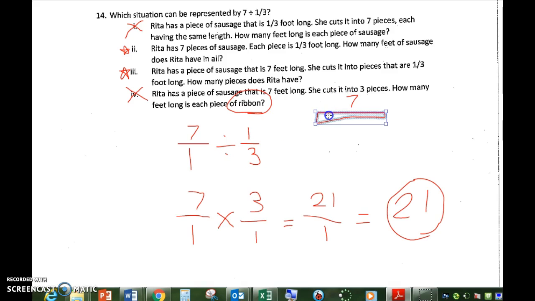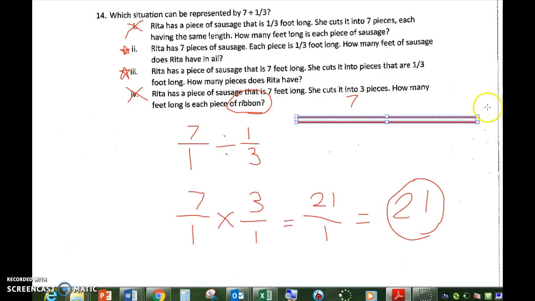I would like to cut this into, oh wait, I have a better idea. I got a tool for this. No, not that. This thing. Go away. All right, here we go. So, if this is the whole sausage, 7 feet long, I'm going to just divide it into 7 pieces.